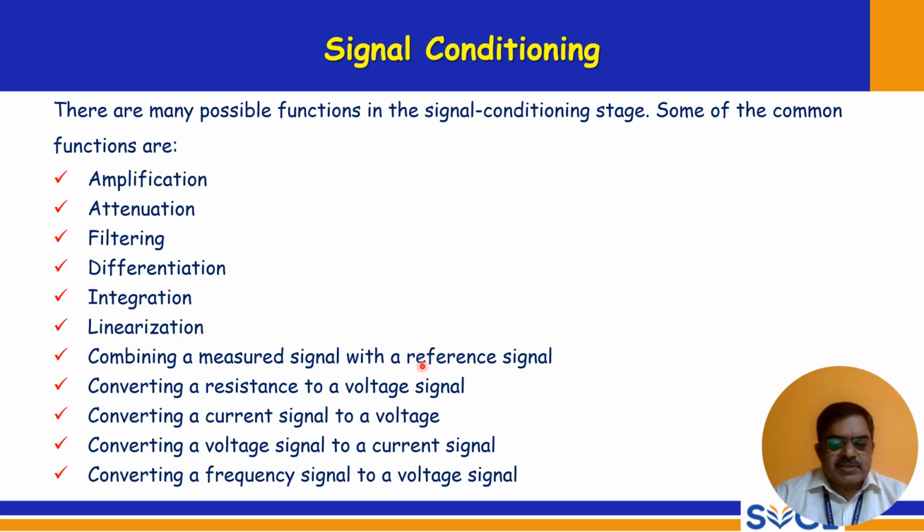In signal conditioning, we have different processes, and only a few important ones we are going to see in this unit. It is all about a signal that is in analog form. Normally, the signal output from a sensor will be in analog form. That is to be converted into digital form, and from digital form back to analog form.